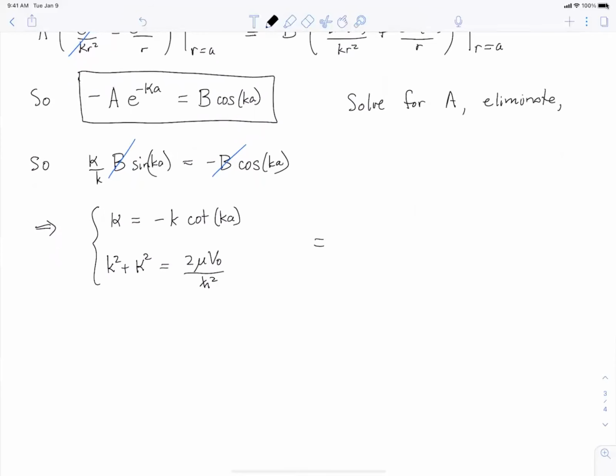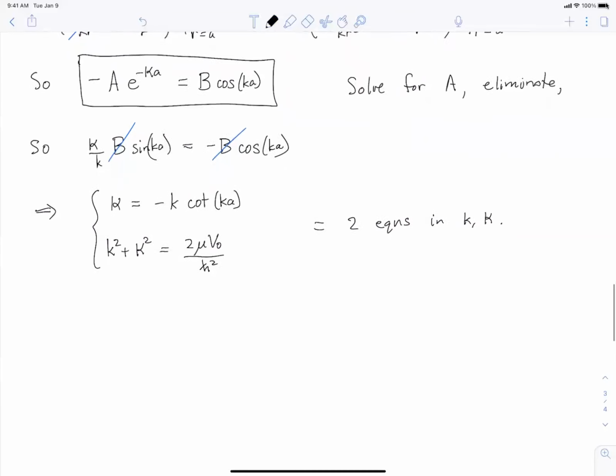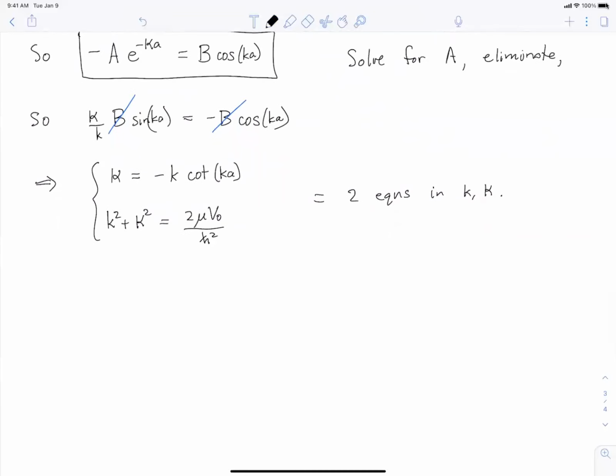Okay, so in k and kappa. Unfortunately, they're transcendental equations, which makes them hard. But there's a fortunate aspect of this, which is we've actually already seen exactly these equations before.